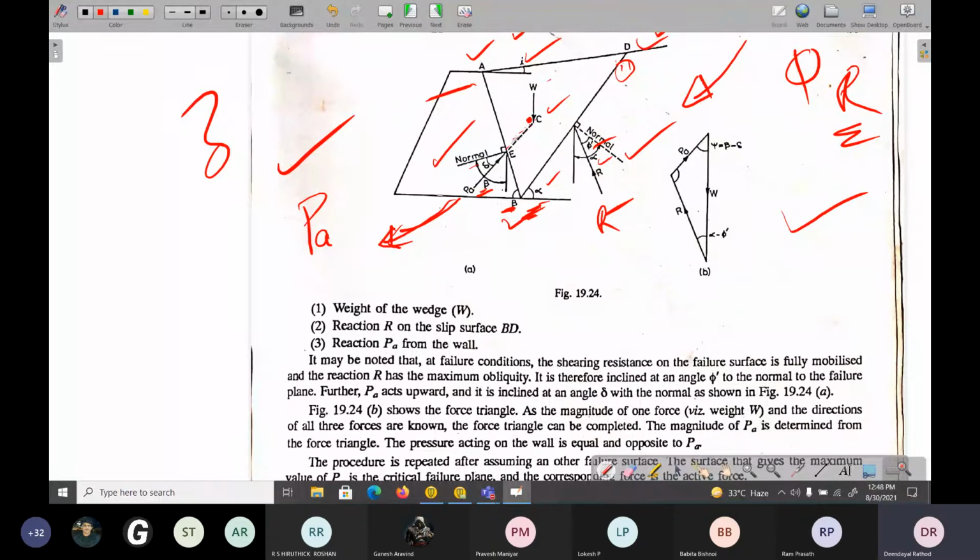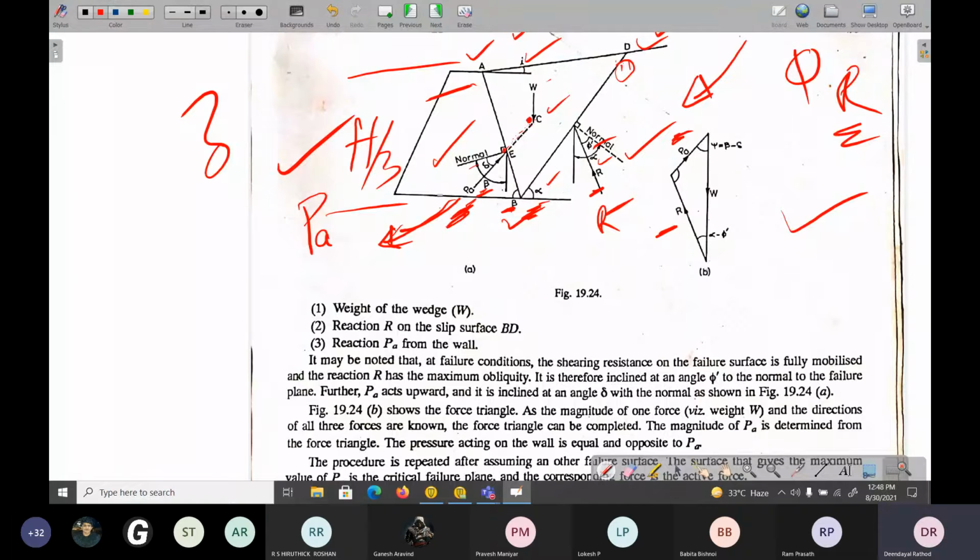Here he says PA would be acting, and if this is H, mostly it will act at H by 3. So by using this static analysis, we have drawn the W triangle. W is coming and R is going in this direction, then this is PA.